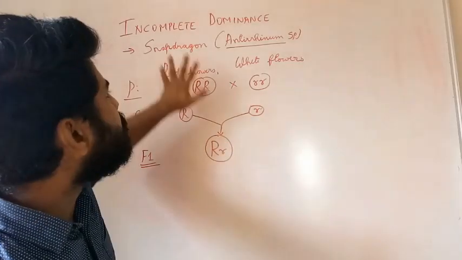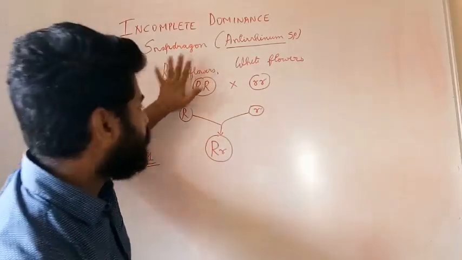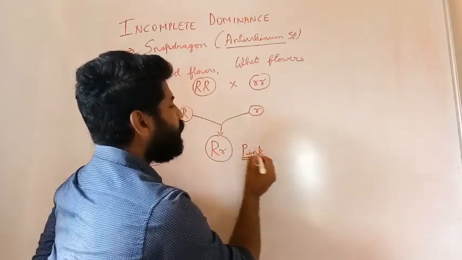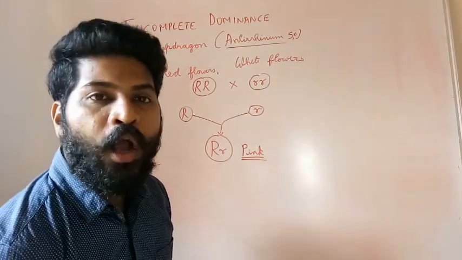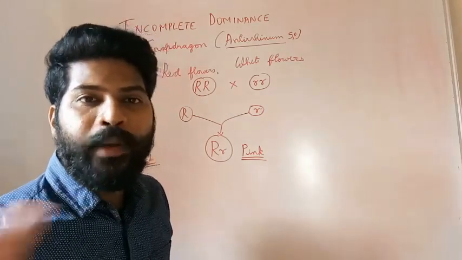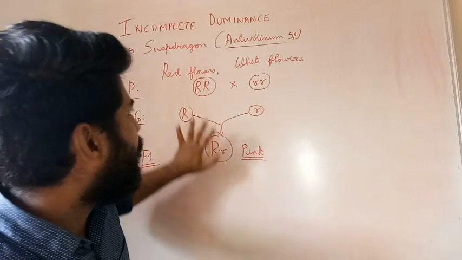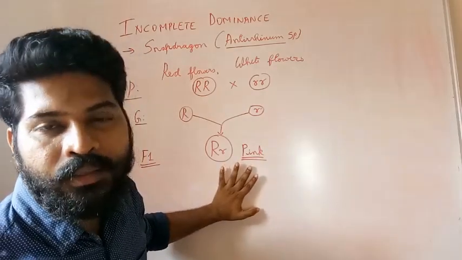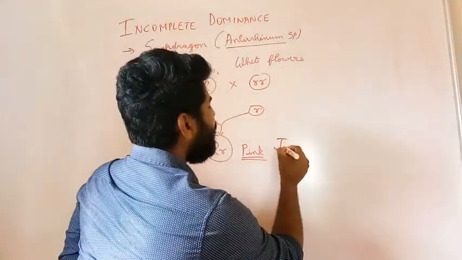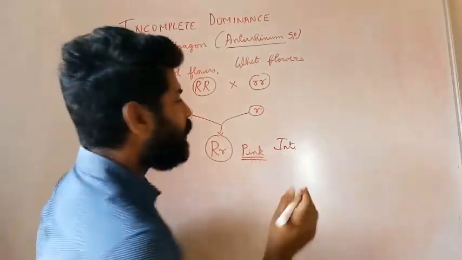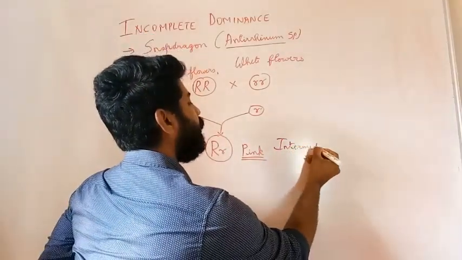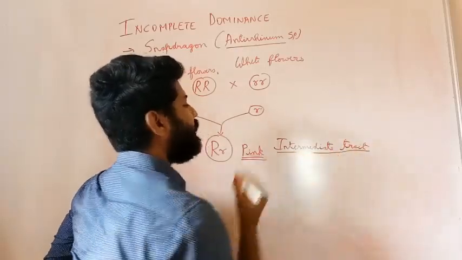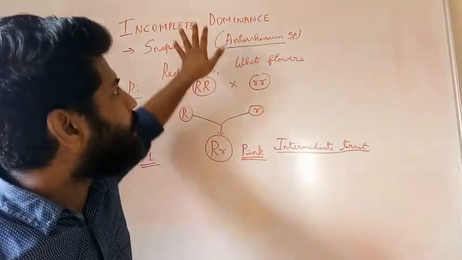In the case of the snapdragon flower, the result was that the F1 generation plants had pink flowers. This is not in line with the observation of Mendel. In this case, it was neither red nor white, it was pink. So an intermediate character or trait was seen in the F1 generation. That is your incomplete dominance.